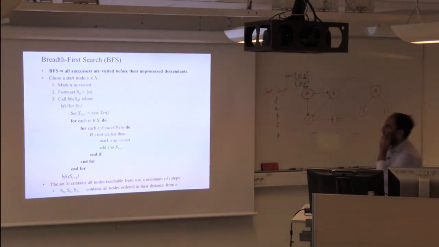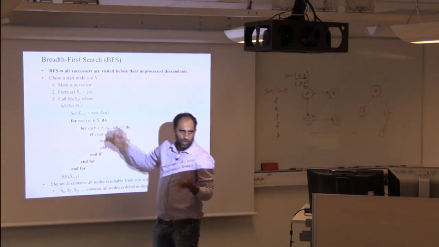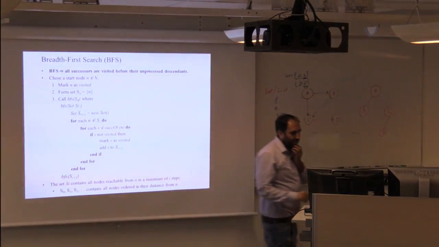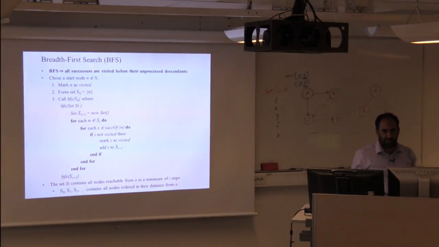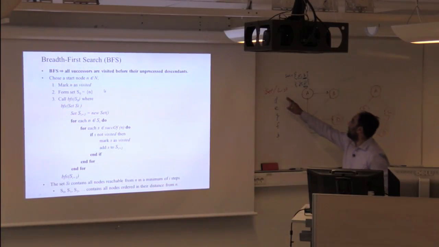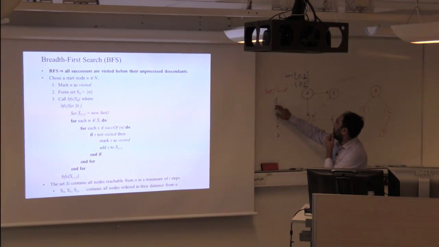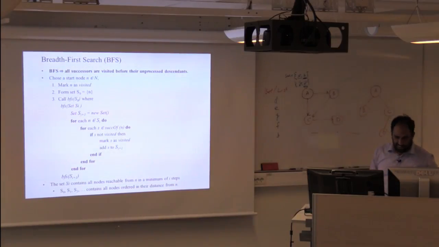The algorithm for this is that you can start from any node, pick any node n, because we don't have any specific root in the graph. And then you mark n as visited. Similarly, you create a list, and in that list, you add the elements that you have visited.